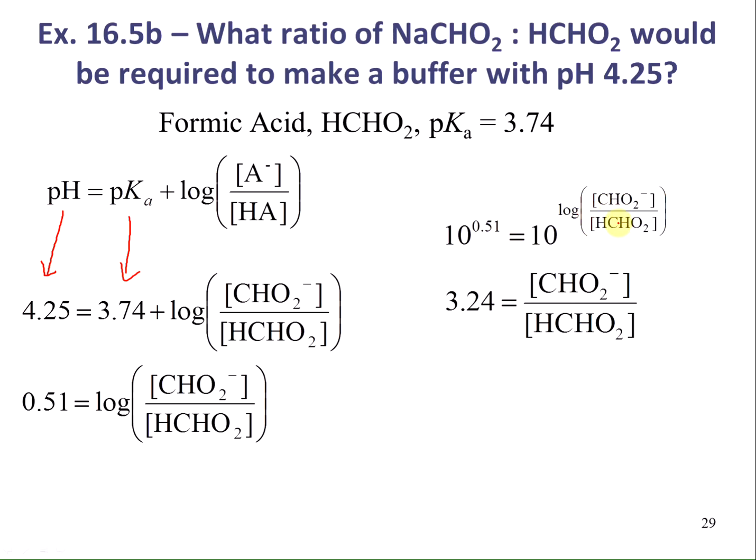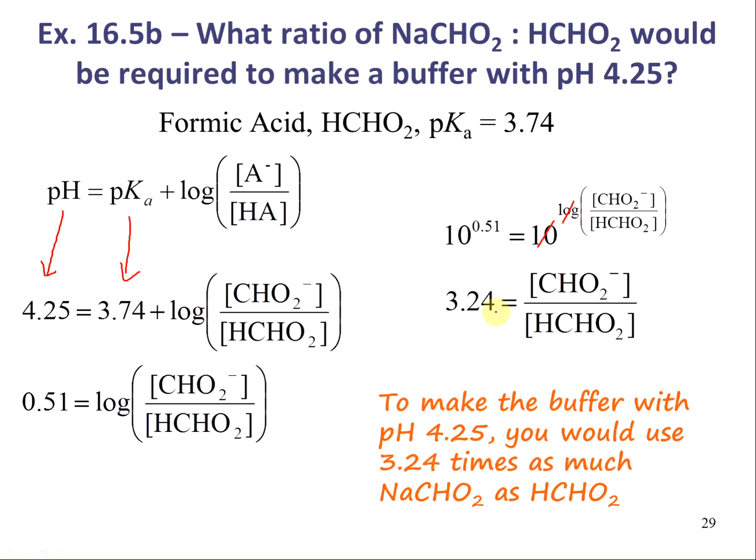So with my rules of logs, the 10 and the log would disappear, and so the base to acid concentration ratio would be equal to 3.24. So to make the buffer with a pH of 4.25, you would use 3.24 times as much sodium formate as you would formic acid.